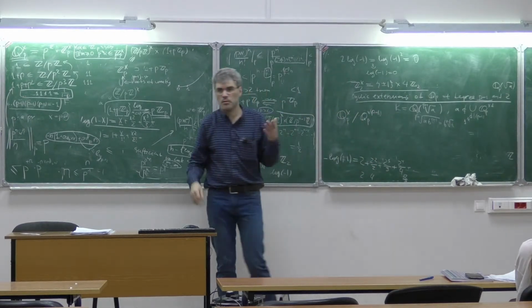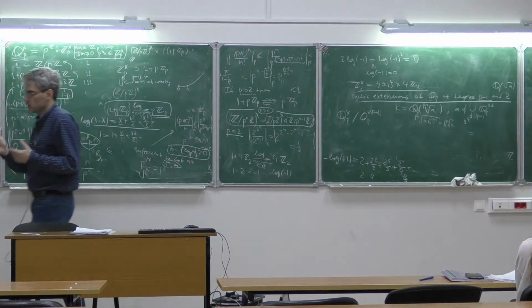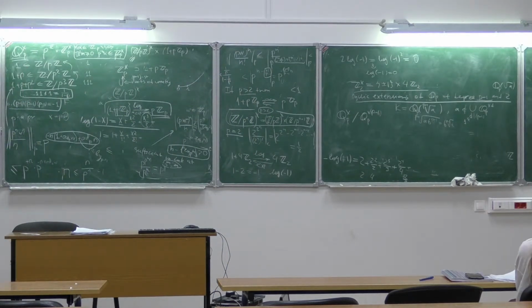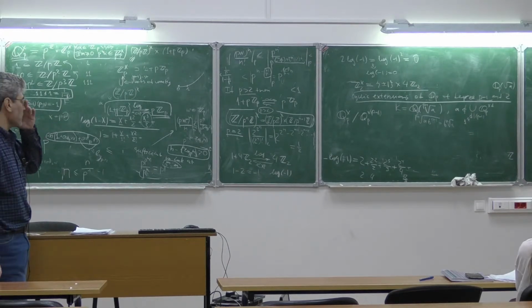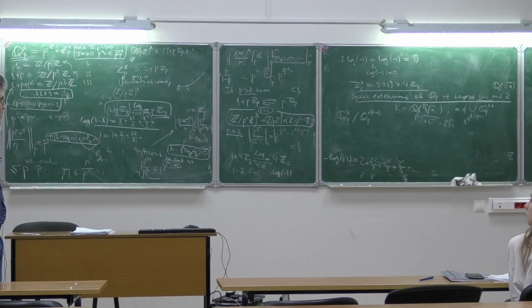So you can say that to get an extension you take not an element of the multiplicative group but an element of the quotient by the corresponding powers. Well, in principle you have to look at subgroups.